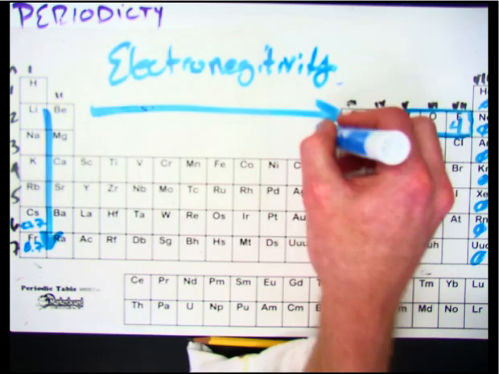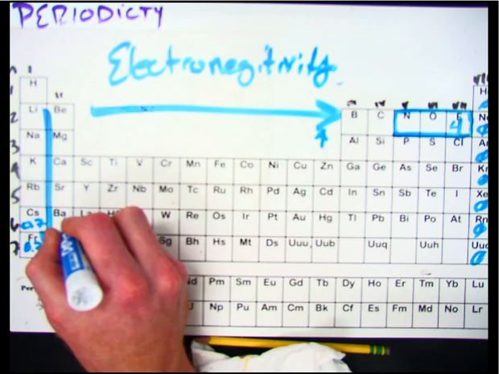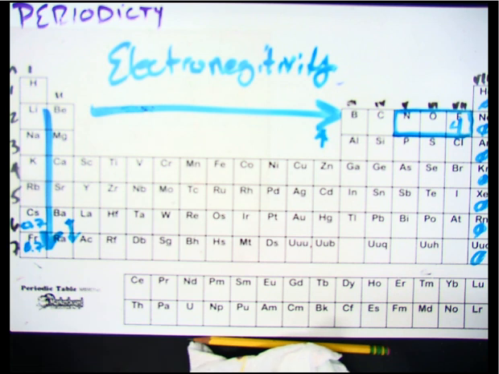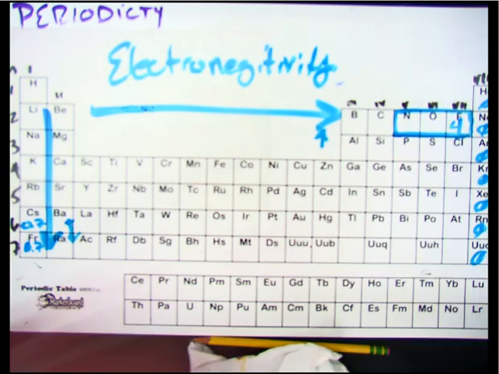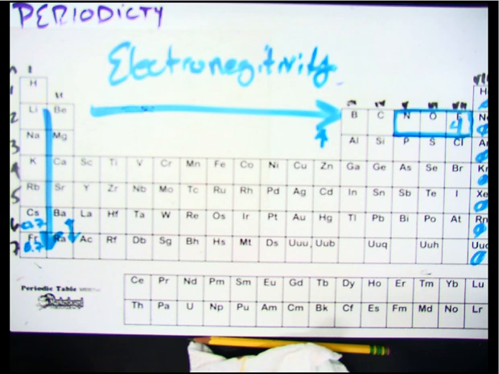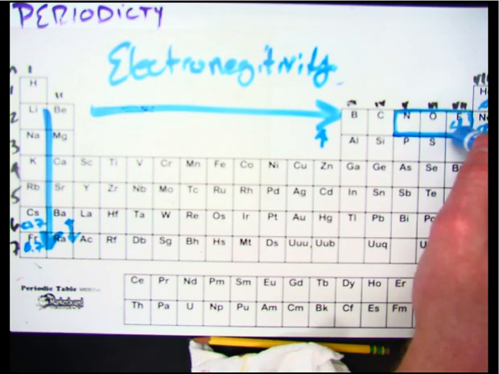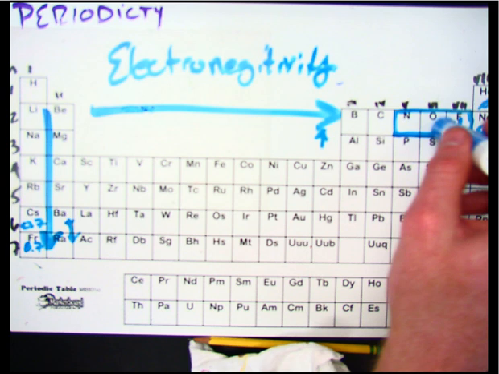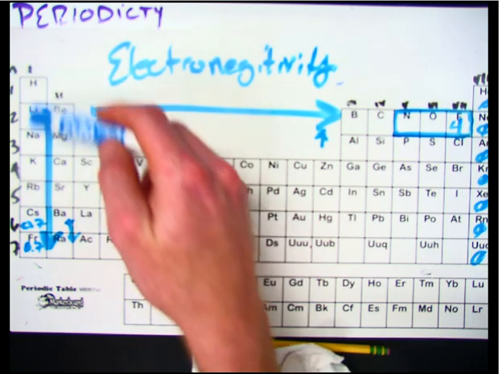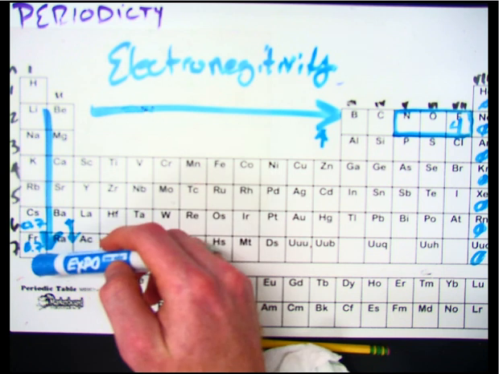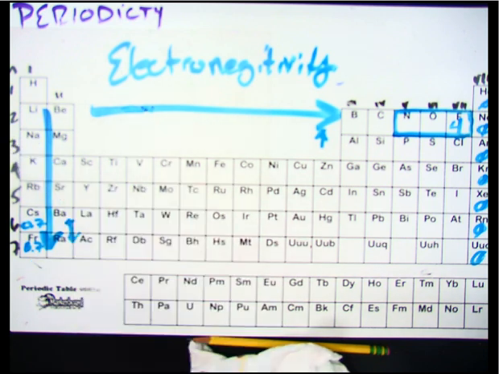So as you move from left to right, electronegativity increases, but as you move down the periodic table, electronegativity decreases. It all has to do with how close those electrons are to the nucleus. So you will describe it in terms of effective nuclear charge, or Zeff, going from left to right, or in terms of distance from the nucleus, principal energy level.